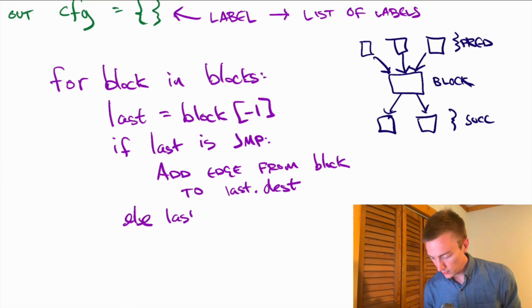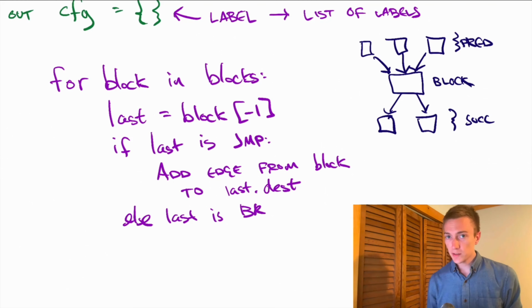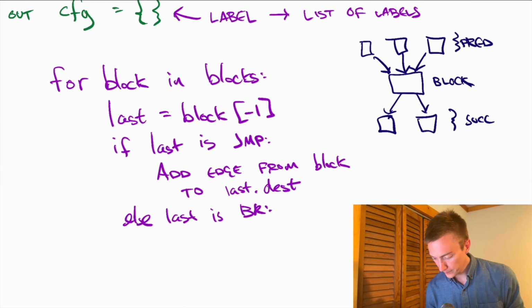The next case that we will need to worry about, other than jumps, is that it is a branch instruction. And branch instructions, of course, are just like jumps, except they have two different destinations. So we're going to need to add two edges to our graph.